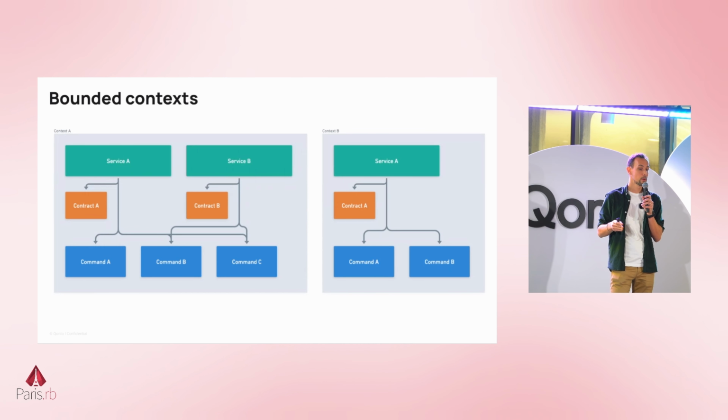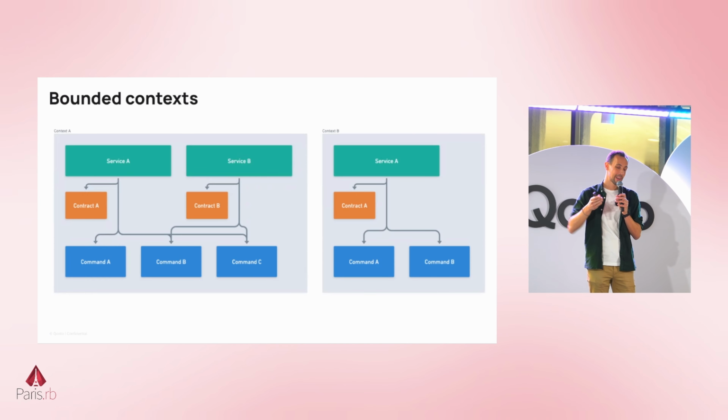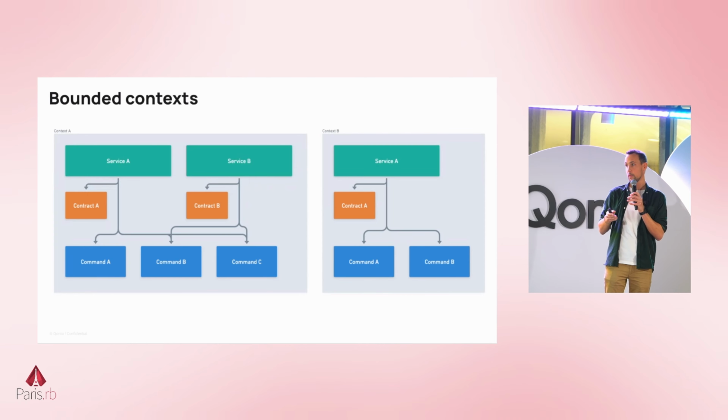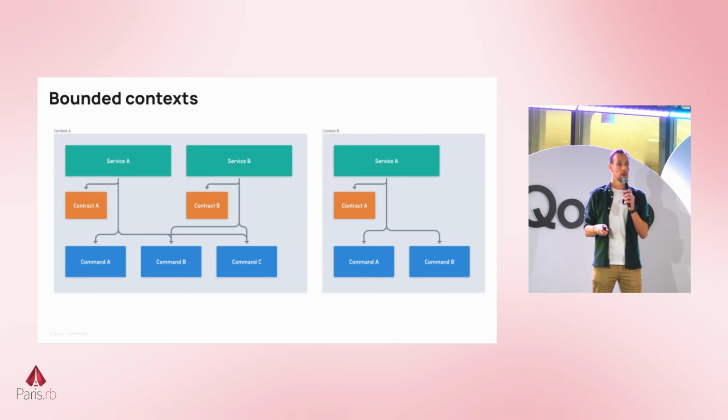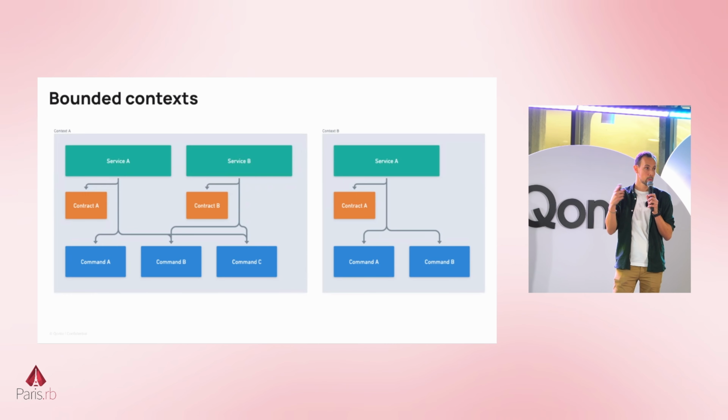So you can imagine commands as being a specific interface that allows you to encapsulate a business step. The good thing about encapsulating every business step in your context is that it allows you to share these common steps between your contexts. So you have multiple services potentially calling the same commands, and you can reuse this code.